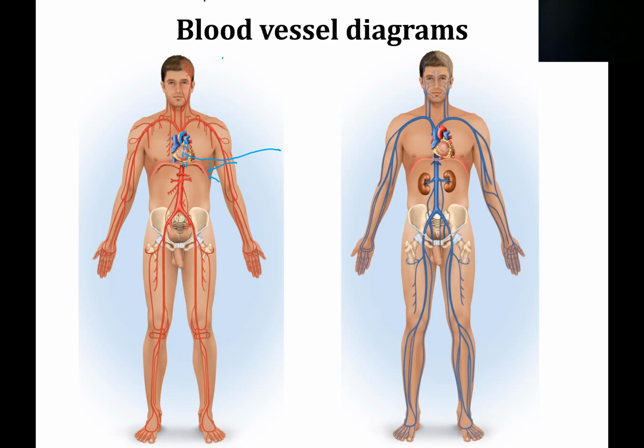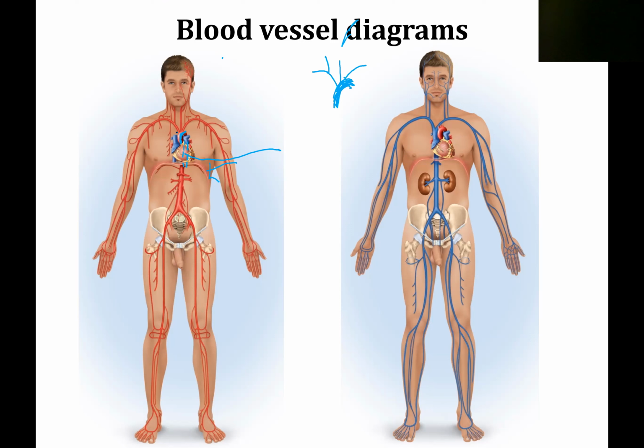All right, so the aortic arch coming out of the left ventricle has 3 branches. The first branch is going to separate into 2.